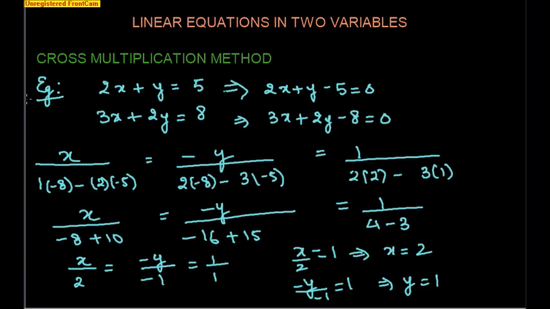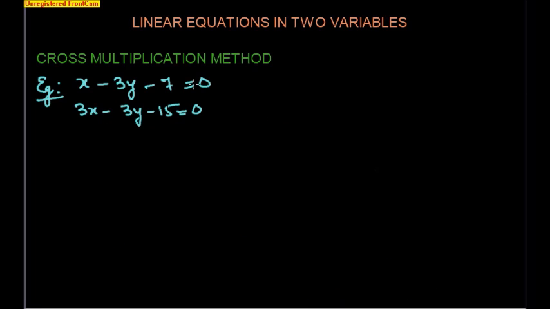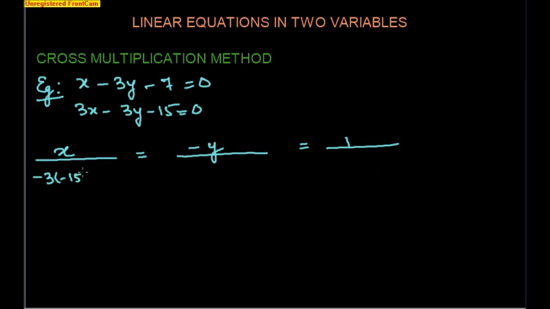I'll take one more example. In this example, the equations are already in the standard form. So we write down straight away x upon, minus y upon, and 1 upon. For below x, I multiply minus 3 minus 15 minus of minus 3 minus 7.